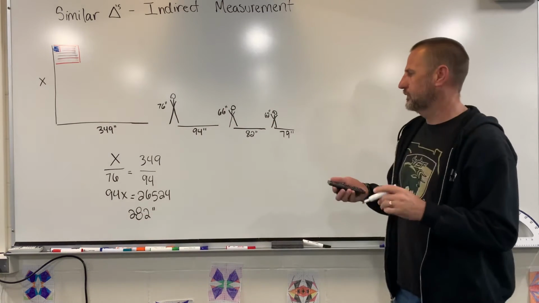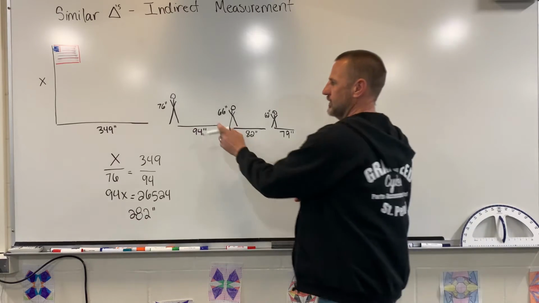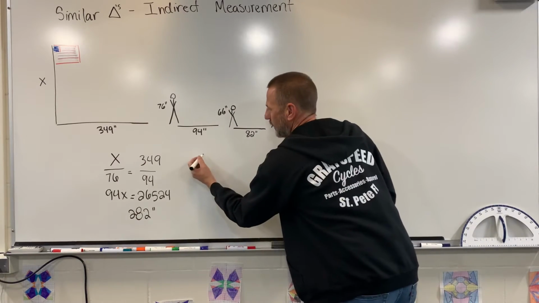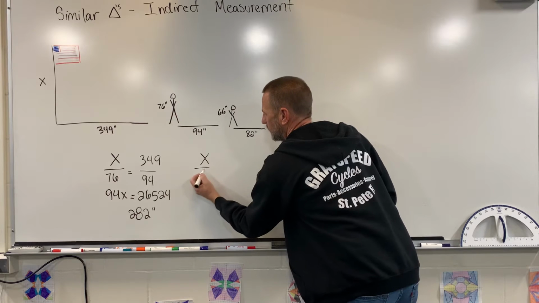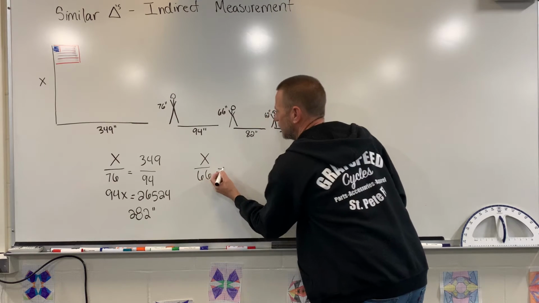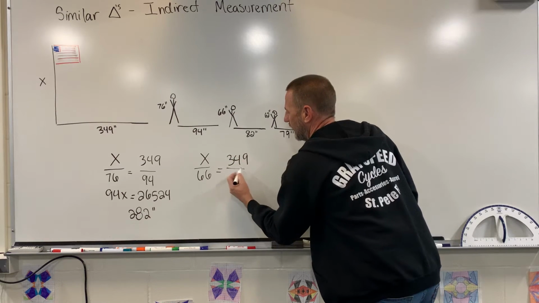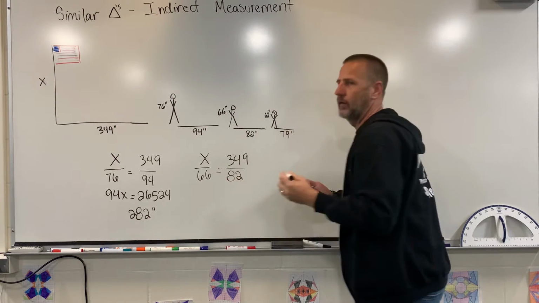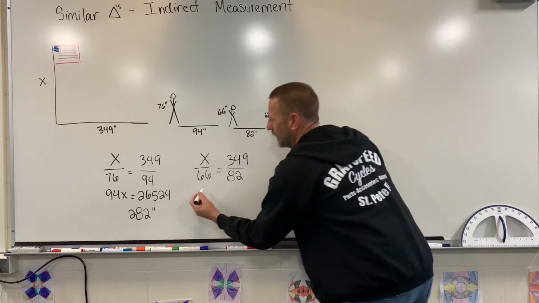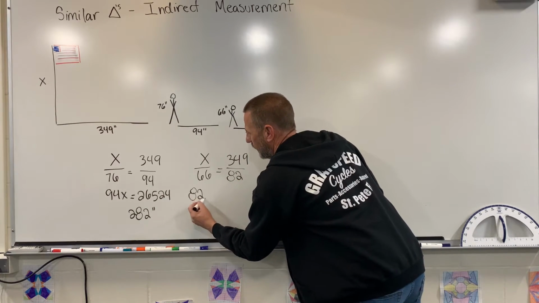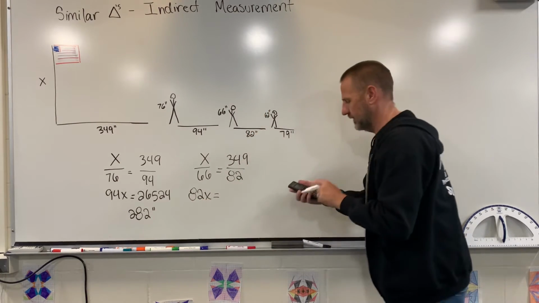I'm going to round off 282 inches. So that's using this student. If I do that same process with each one of these students, I should get relatively close to the same answer. I know it's going to be a little bit different because I, again, probably made a mistake. I had a hard time getting the most accurate measurement of the shadow. They were in the grass, unfortunately.